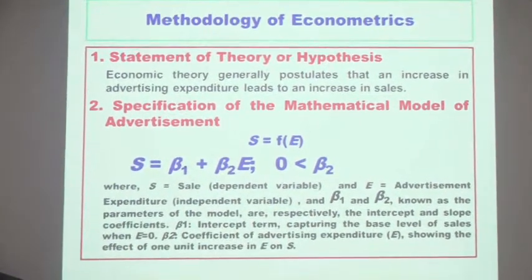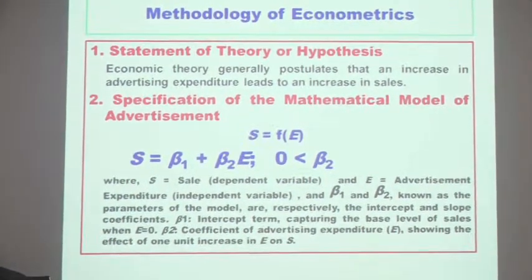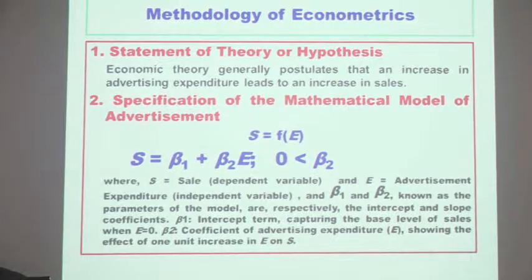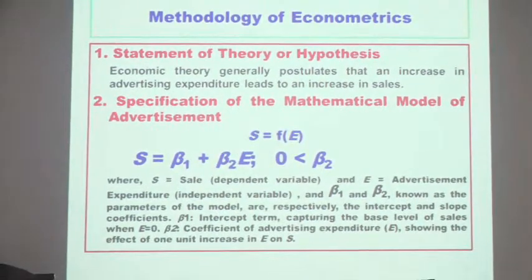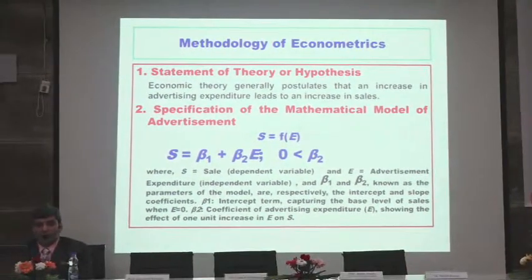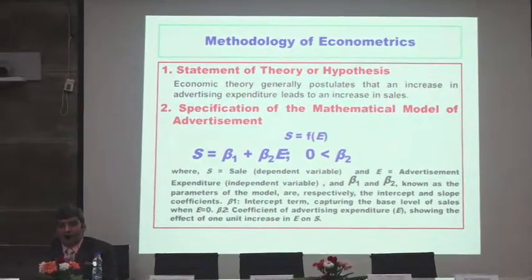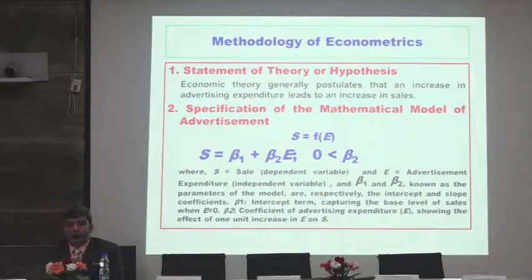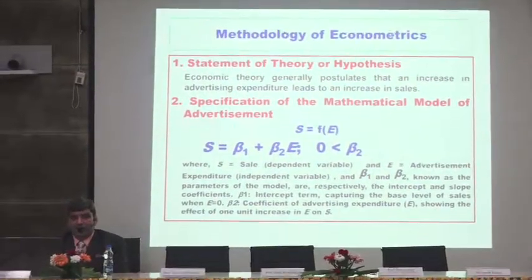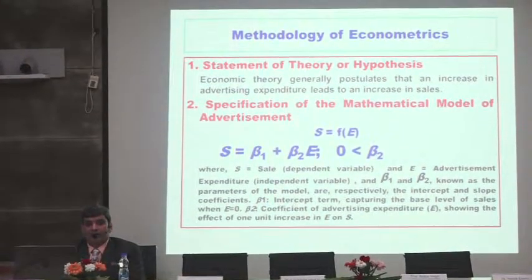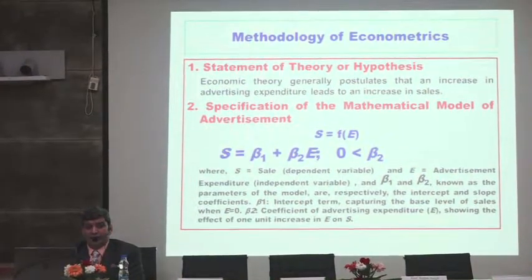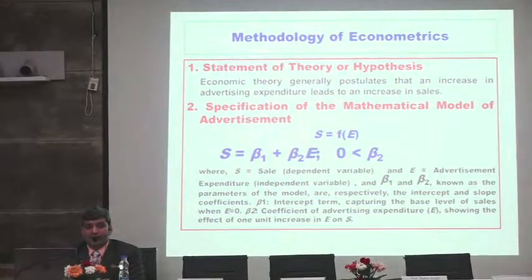But in the real world, we can say that when we increase the advertisement expenditure, there will be an increase in sales, but we cannot exactly tell how much sales will increase for a specific increase in advertisement. We can generally say that sales will increase, but we cannot say it exactly. So there is a scope for inexactness. That is why we need econometrics.